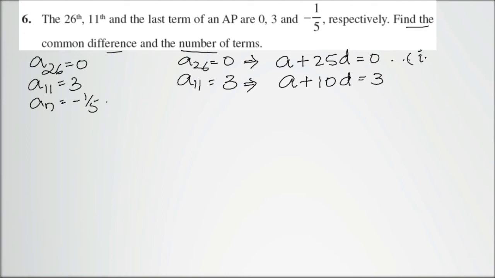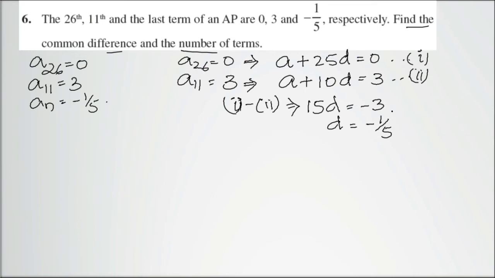Let me call this equation 1 and this equation 2. If I do equation 1 minus 2, A gets cancelled, 15D equal to negative 3. So the value of common difference is negative 1 upon 5. 3 by 15 is nothing but 1 by 5. So we get common difference as negative 1 by 5.